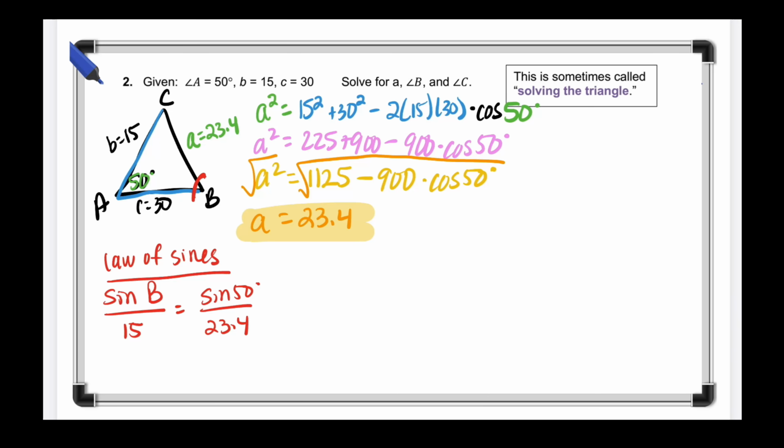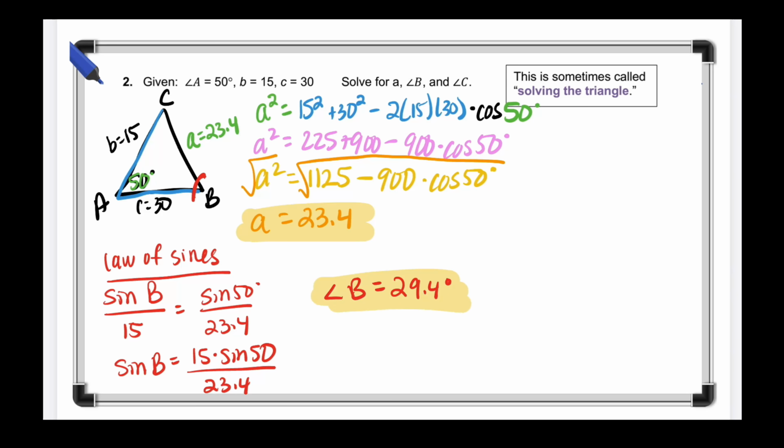When we cross multiply, the sine of angle B equals 15 times the sine of 50 over 23.4. And I know that my angle B is going to equal 29.4 degrees. Again, remember that in order to find that angle, you have to do the inverse sine.